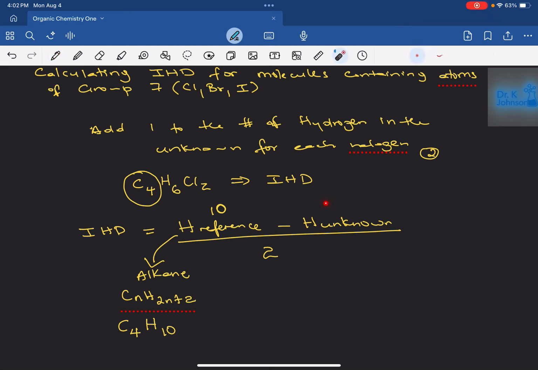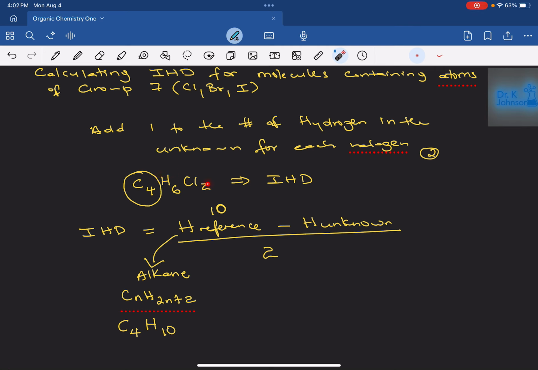Minus, now I need the number of hydrogens in my unknown. Your unknown is the molecule that they give you to find the index of hydrogen deficiency. My unknown has 6 hydrogens, but it has 2 chlorines, right? Remember you add 1 hydrogen for each halogen.